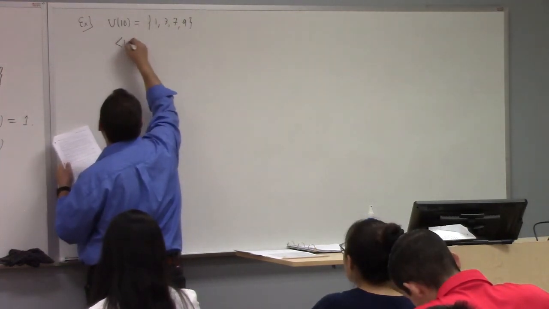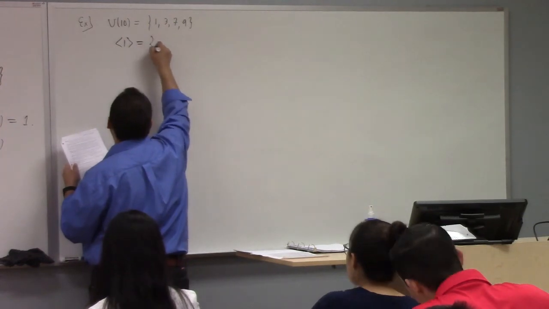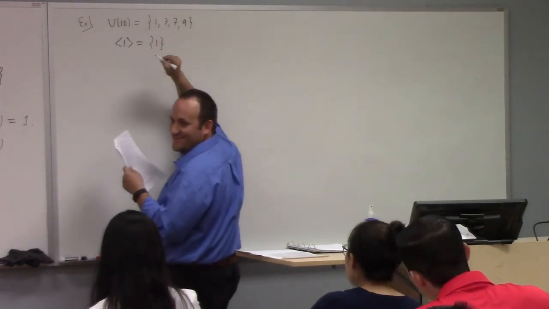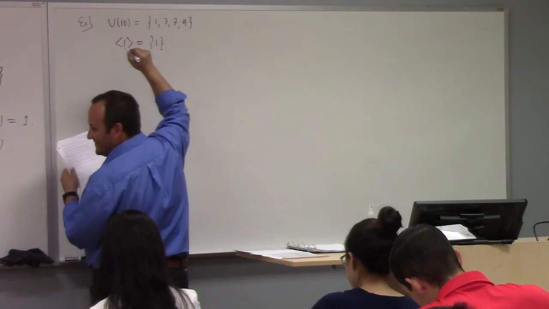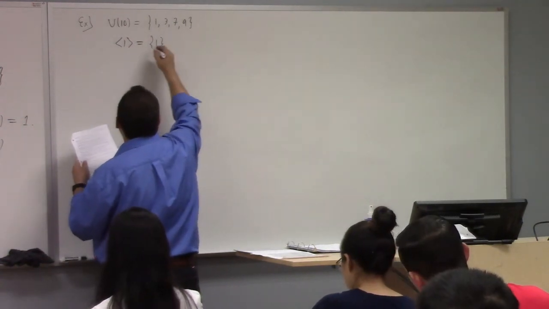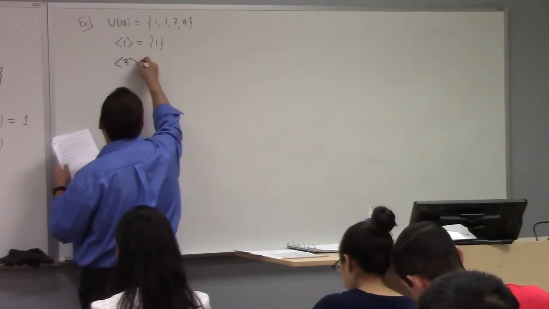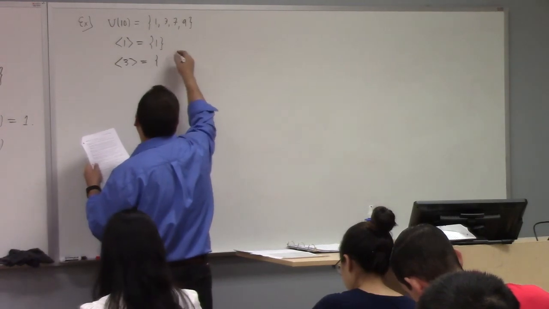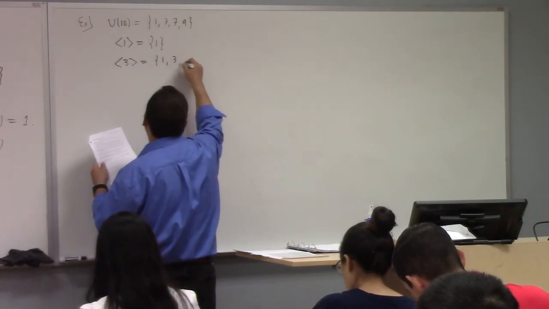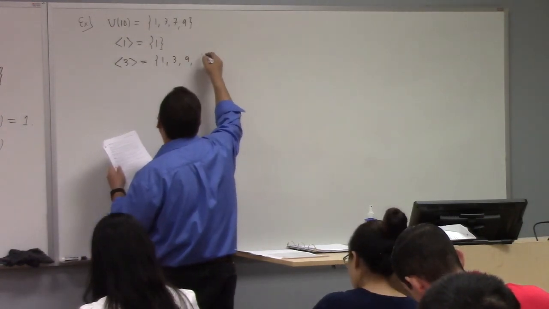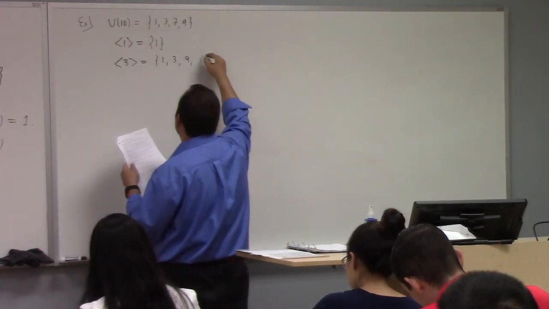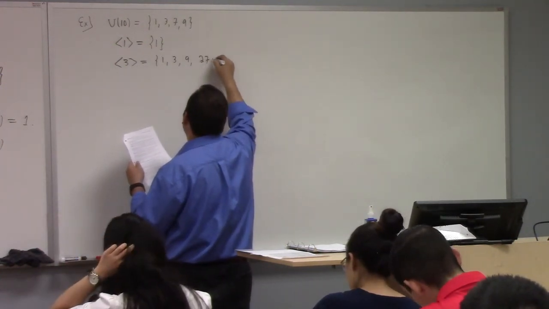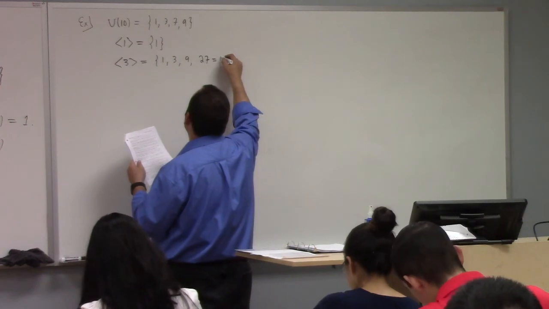So the cyclic subgroup generated by 1 here is just 1. The cyclic subgroup generated by 3: we got 1, we got 3, we got 9, we've got 27, which is equal to what? 7.